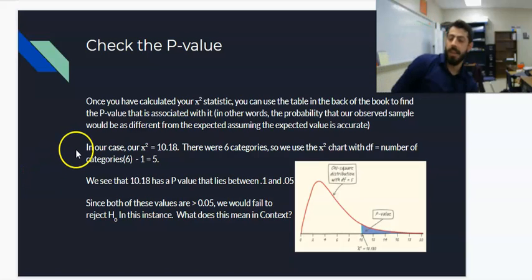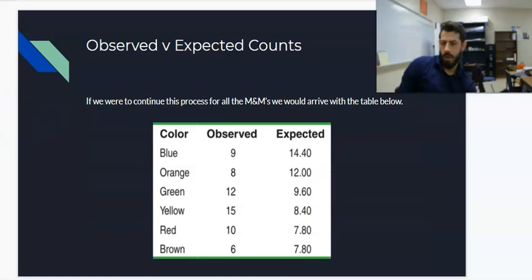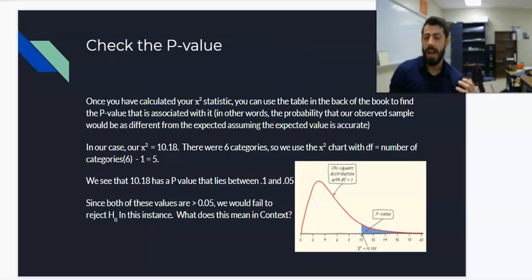Right? Now, what does that mean in context for the M&Ms? Well, what that means is that even though our observed values differ from what we should expect by a pretty decent margin, who likes yellow M&M? In reality, it's not so far enough away that we should consider it exceptionally unusual, right?